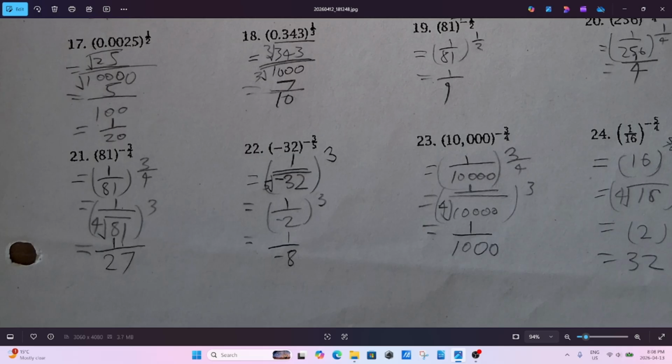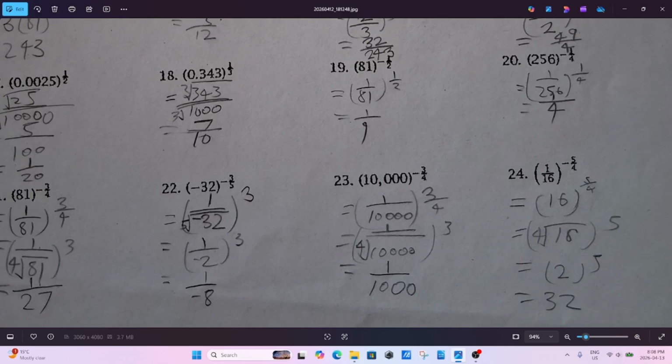Question 19. 81 to the negative 1/2 exponent is equal to 1 over 81 to the exponent 1/2, which is equal to 1 over square root of 81, which is equal to 1 over 9. 20. 256 to the exponent negative 1/4 is equal to 1 over 256 to the 1/4.